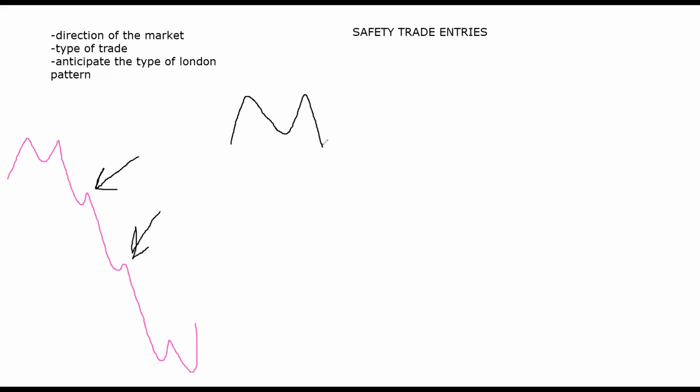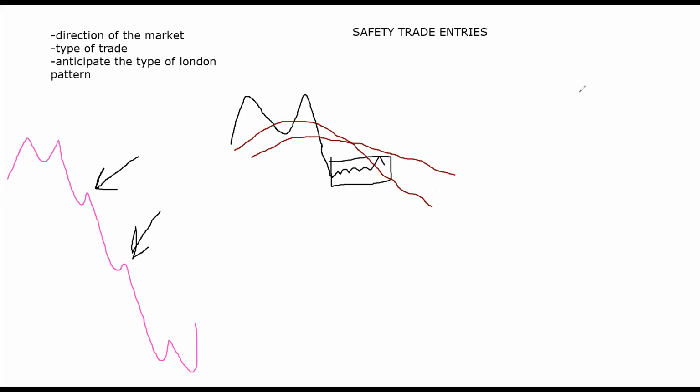So when a peak has been formed, and then we end the day or the days that the peak has been formed, after that we are highly interested in what happens the following day.